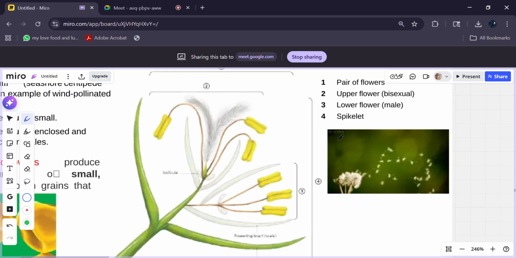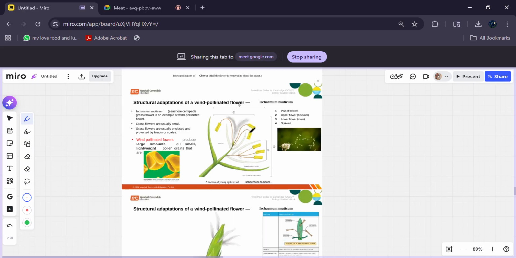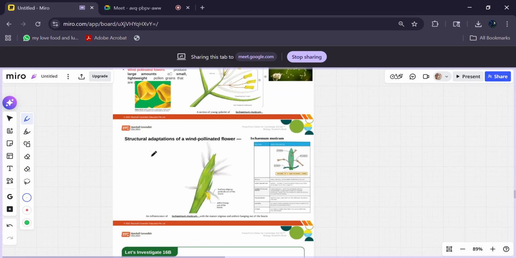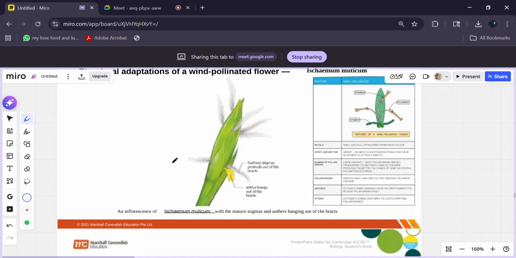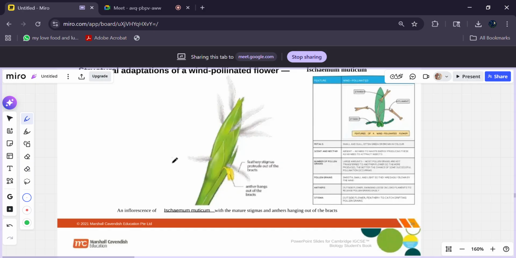So now we're going to go into the next section, which is the structural adaptation of wind pollination. So how does wind pollination occur? Well, here is wind pollination.